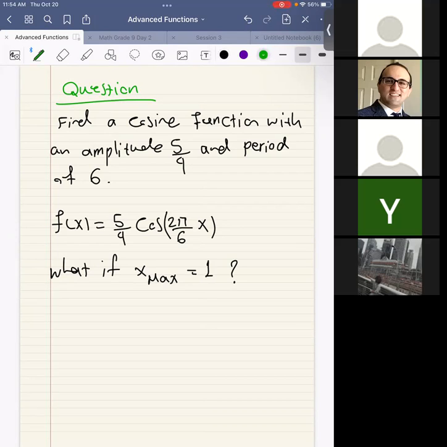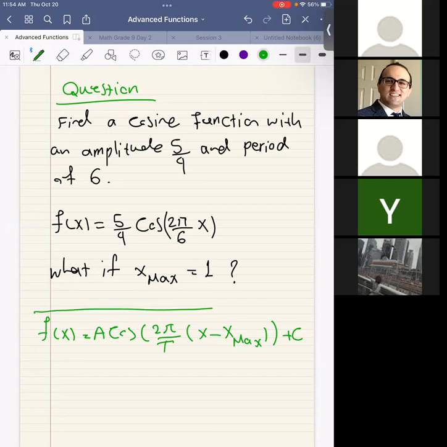In general, you remember that I told you f of x is equal to A times cosine of 2 pi over T times x minus x of maximum. And of course, we can also have a C, which is the center or the midpoint. But here, I don't care about the C. That's the general formula for a sinusoidal function like cosine.